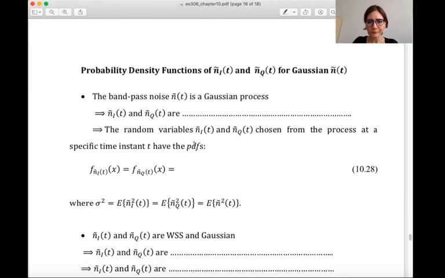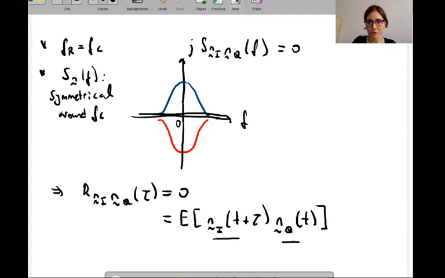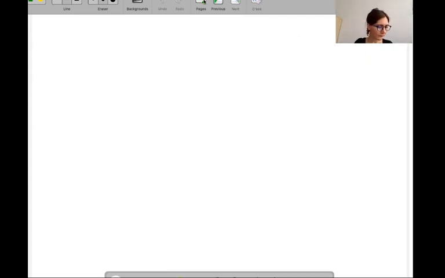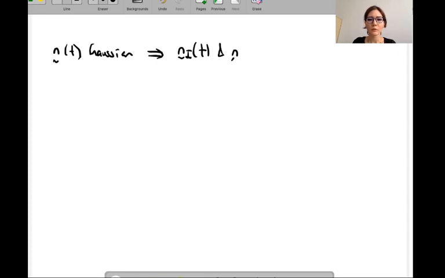I just put some blanks here so that you can fill in, just to remember what we have seen. So the bandpass noise is the Gaussian process. We just saw a moment ago that Ni and Nq are jointly Gaussian. So N(t) is a Gaussian process. This implies that Ni(t) and Nq(t) are jointly Gaussian.